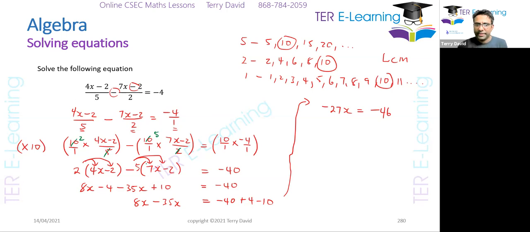So then this is 8 minus 35. So minus 40 plus 4. All right, so this is what I'm getting here. So therefore, x is equal to minus 46 over minus 27.